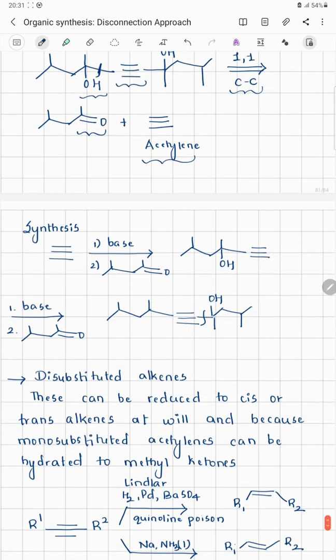How do we synthesize this sulfinol system? Acetylene in the presence of base is going to generate an anionic system. This anionic system attacks onto the carbonyl carbon, so that one of the tertiary alcohols can be synthesized. In this intermediate, obviously there is the presence of another proton. This acidic proton can be easily abstracted by the base. This base will abstract this proton and generate an anionic system.